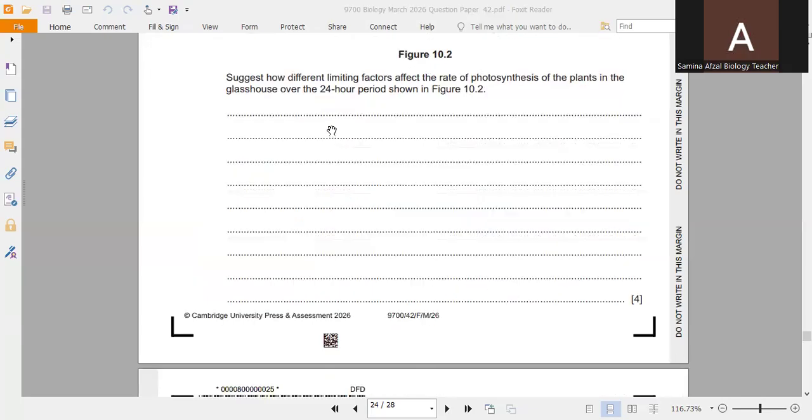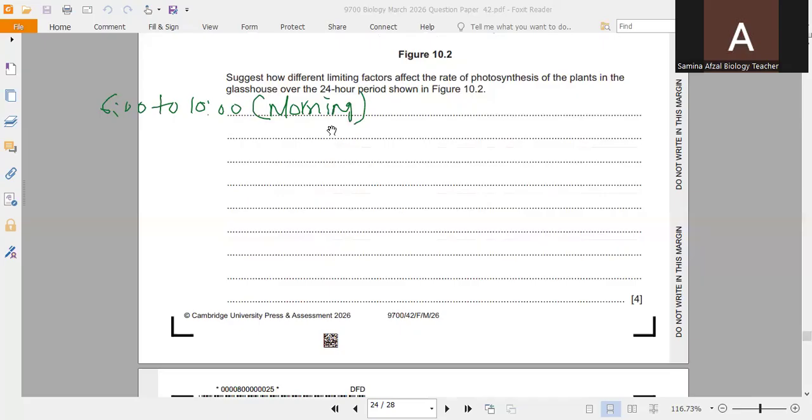You can see, we will start at 6 hour to 10 hour. It is morning.